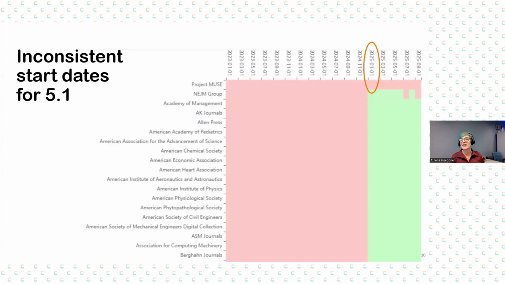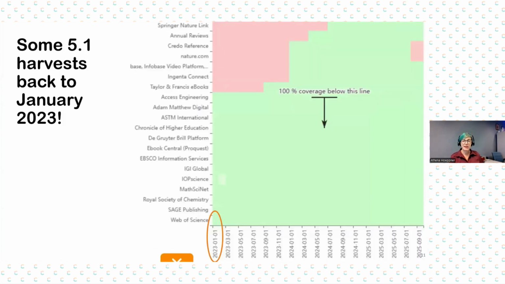And I can see that for most of my platforms, they have a start date of January 1st, 2021, where it started gathering 5.1 data, which is what I would have expected. That's great. But some of them have different start dates. This is further down in the same table. Some of them went ahead and retroactively harvested back to 2023, which was really unexpected, but very interesting.